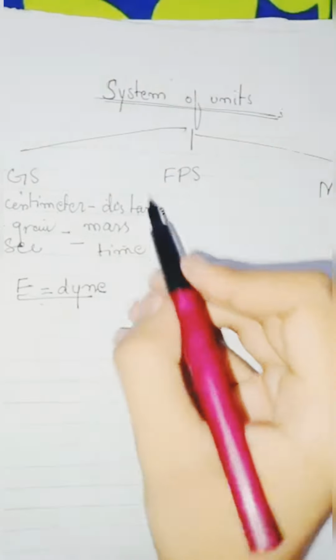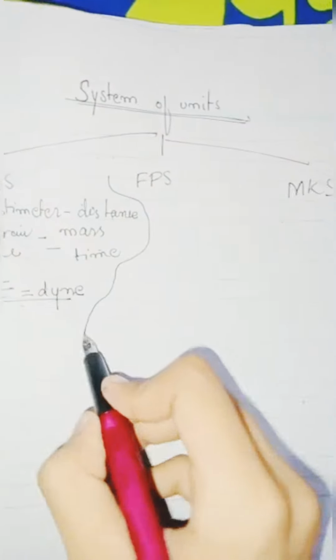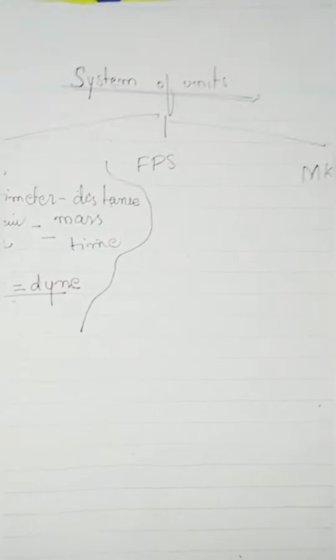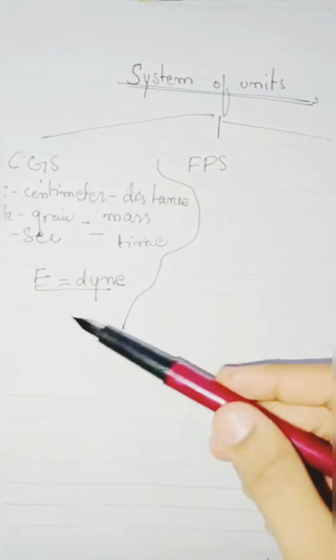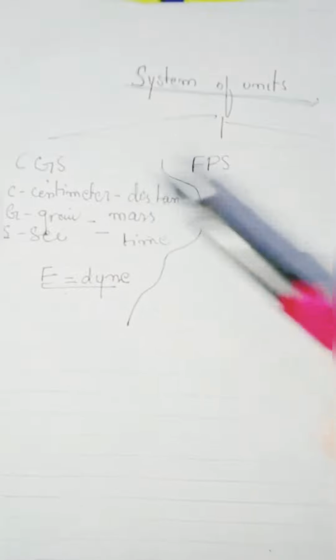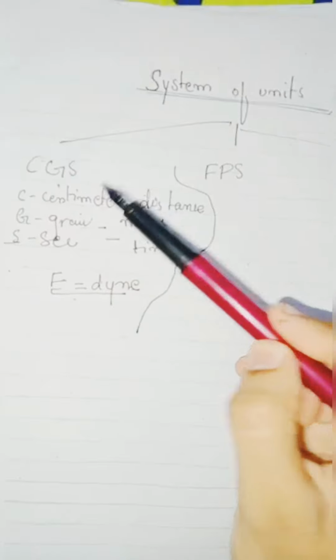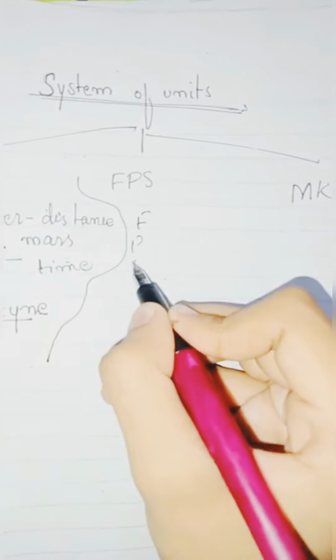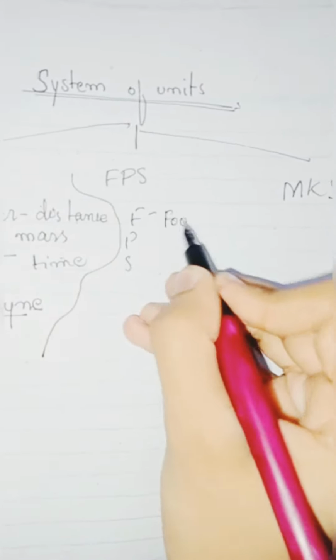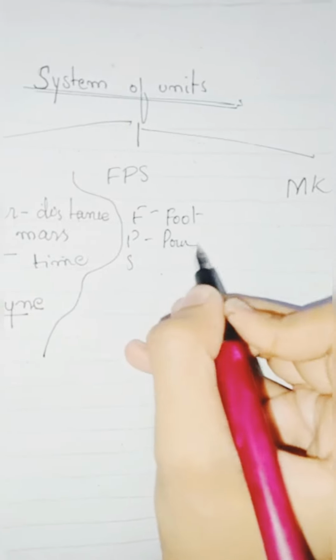Force is not a fundamental quantity, it is a derived quantity, and only these three are the fundamental quantities in CGS system. Now coming to FPS system, FPS is foot, pound, second.